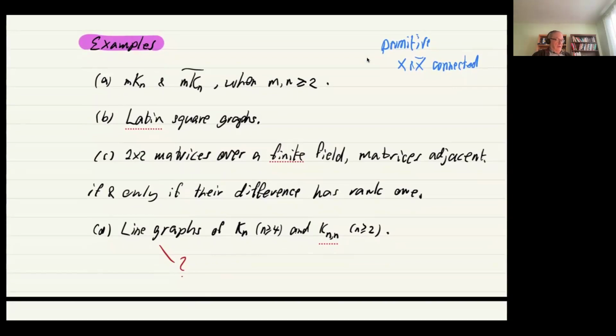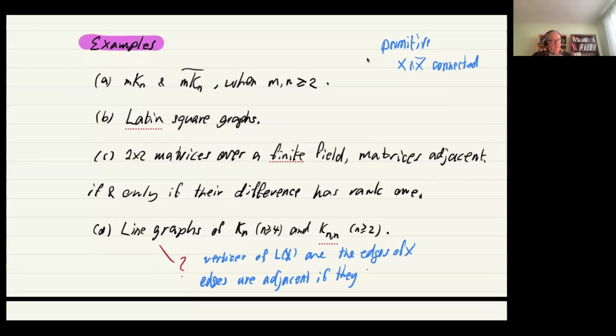The vertices are the edges, and two edges are adjacent in the line graph if they have exactly one vertex in common.